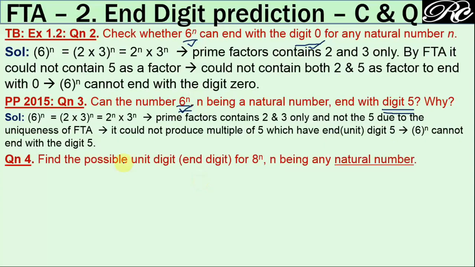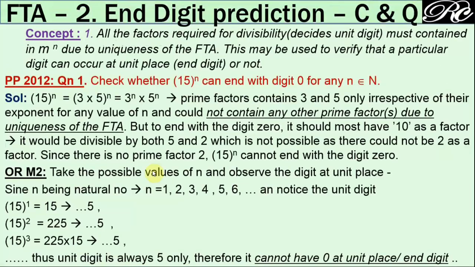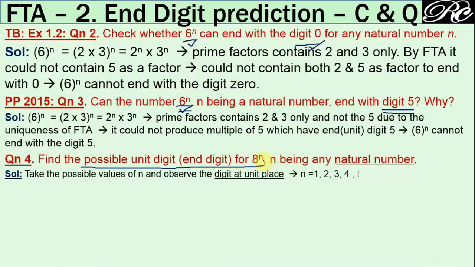Another question, question number 4: we have to find all possible unit digits for 8 to the power n. So we apply the second method, taking the possible values of n. Since n is a natural number, it can be 1, 2, 3, 4, and let us tabulate the unit digits.